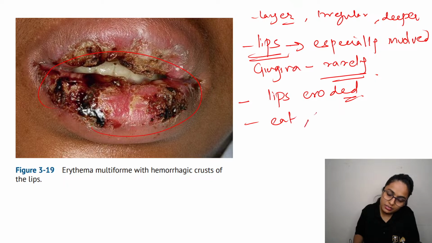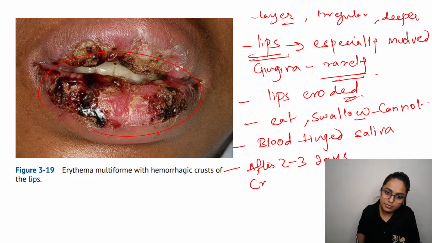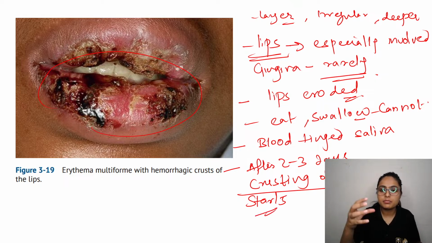Patients cannot eat or swallow. All right, and there is blood-tinged saliva. After 2 to 3 days, crusting of lips starts. All right, so these are some main clinical features that you see in erythema multiforme. All right, hemorrhagic crusting of lips.